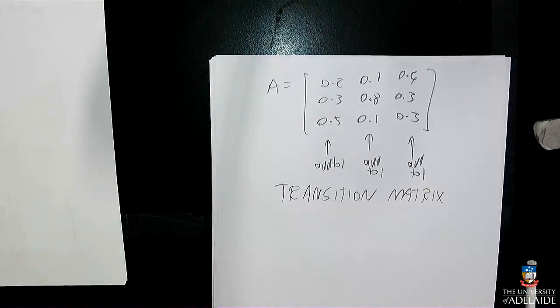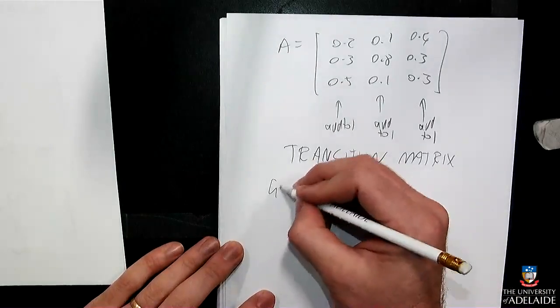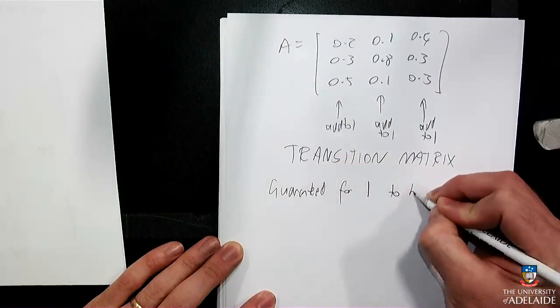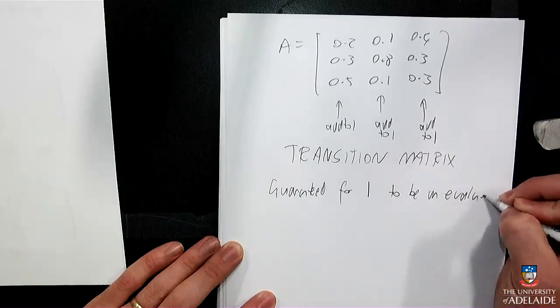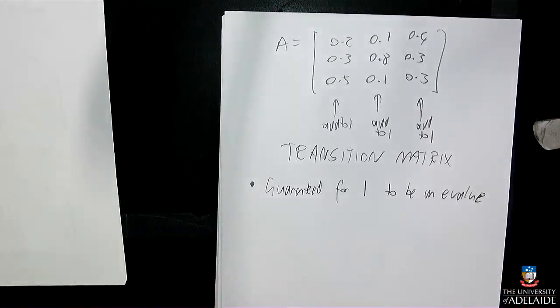Okay, all right, so, doing really well. Transition matrices have really cool properties. By virtue of all of the columns adding up to 1, you are guaranteed for the number 1 to be an eigenvalue. Guaranteed for 1 to be an eigenvalue. That's really cool.